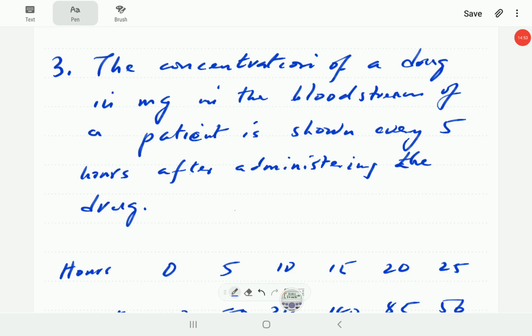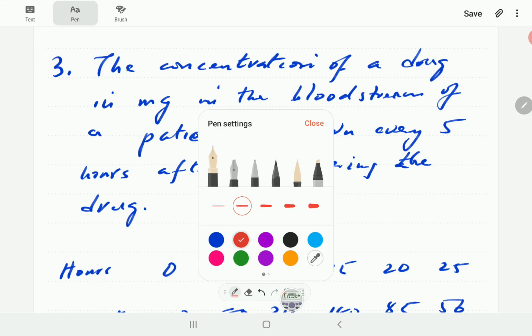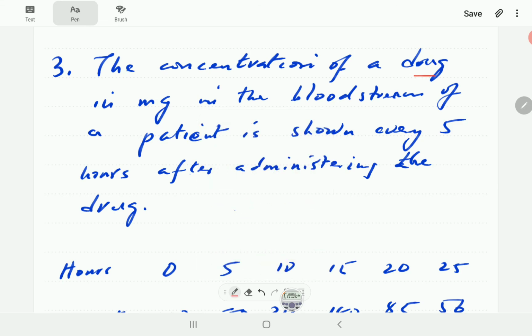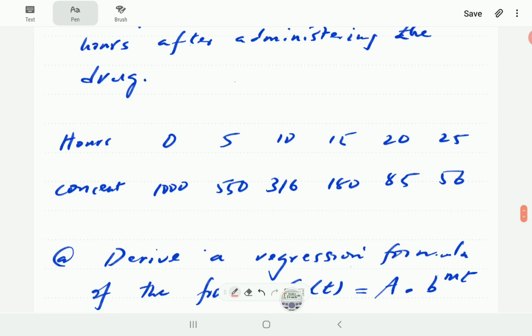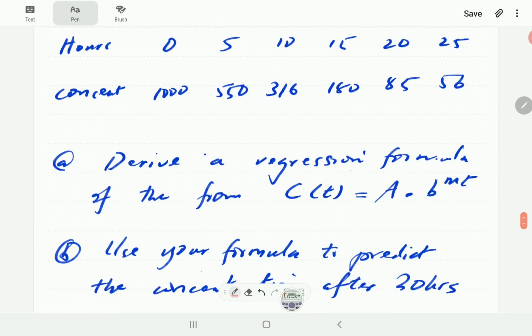Okay, in this example we have got the concentration of a drug after administering an injection in milligrams. The concentration is taken every 5 hours. And here are the values.